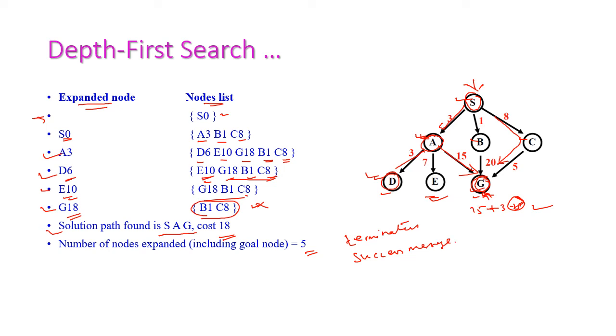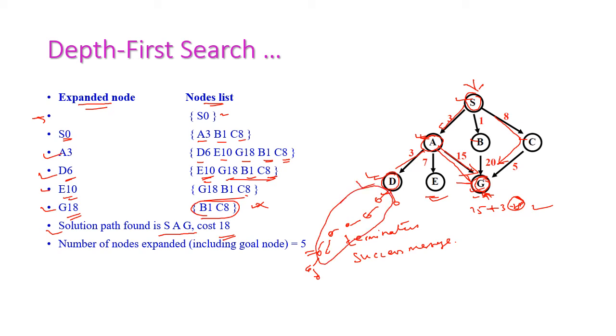And what is the drawback of this particular algorithm? If the leftmost branch has a large number of nodes like this, it will go down like this. Sometimes it will unnecessarily visit all the nodes, and only after that will it reach the goal, so it takes more time and more memory.